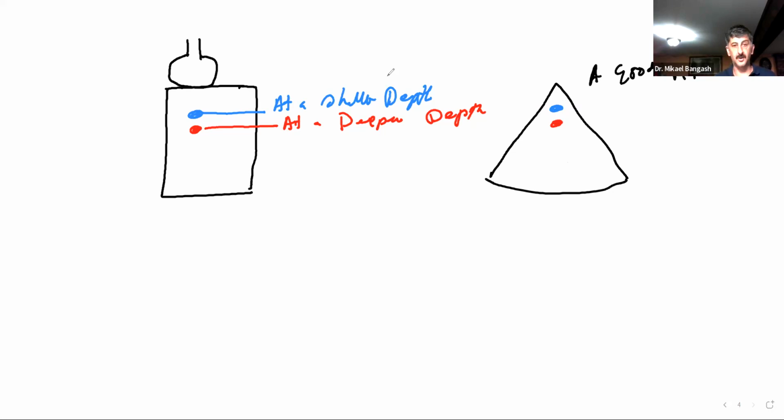So if we had something here and something here, and they also showed up as distinct structures on your scan.